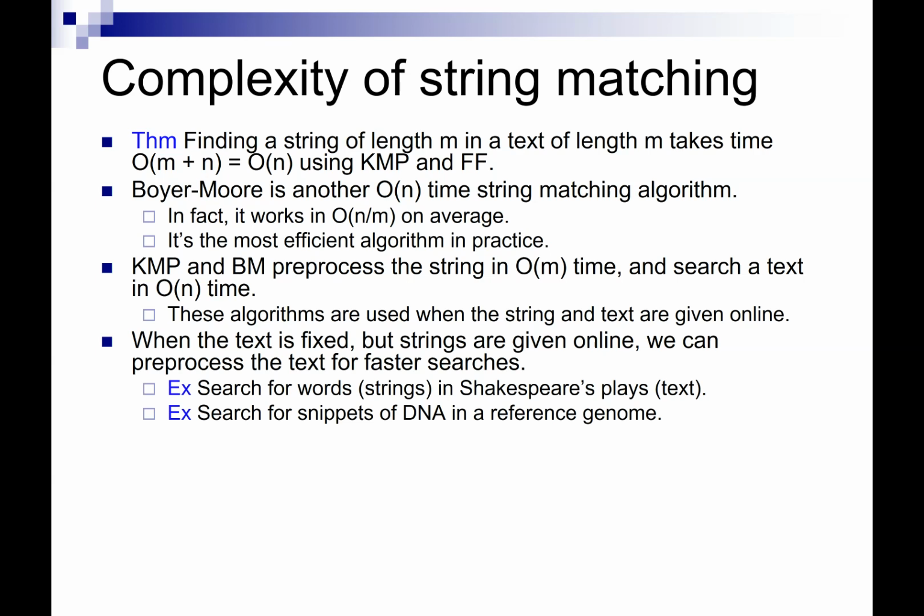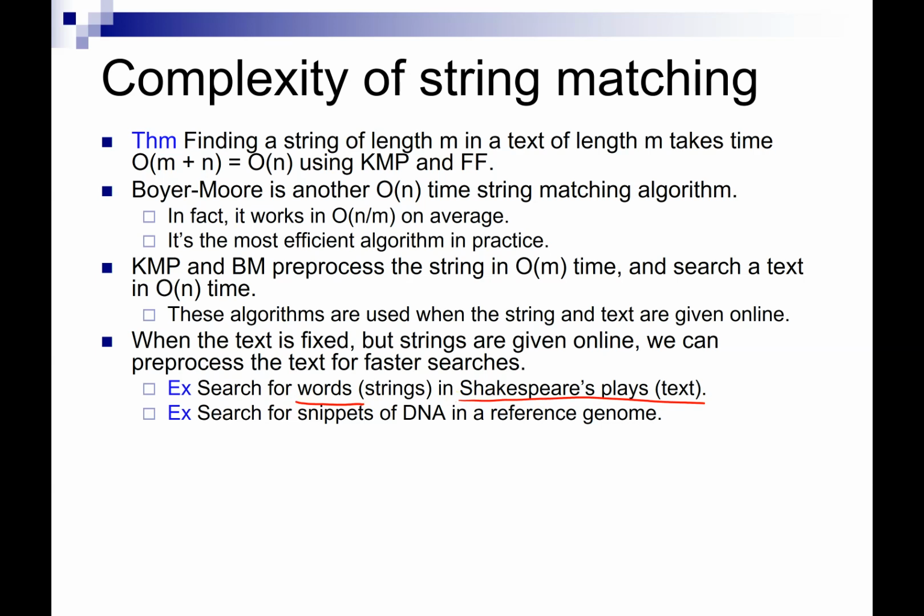Because you can pre-process the text. An example of this would be if you're searching for words in Shakespeare's plays. You know Shakespeare's plays, so you can pre-process them, and then after doing that, you can search for words in these plays very quickly. The time would be proportional to the length of these words, as opposed to the total length of the plays.